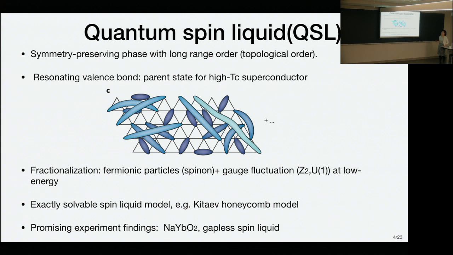It was first conceived by Anderson to be a precursor parent state for high Tc superconductors, namely this resonating valence bond state, where spins at arbitrary distance form a spin singlet, and the ground state consists of a superposition of all such arbitrary pairings of these spin singlet states.